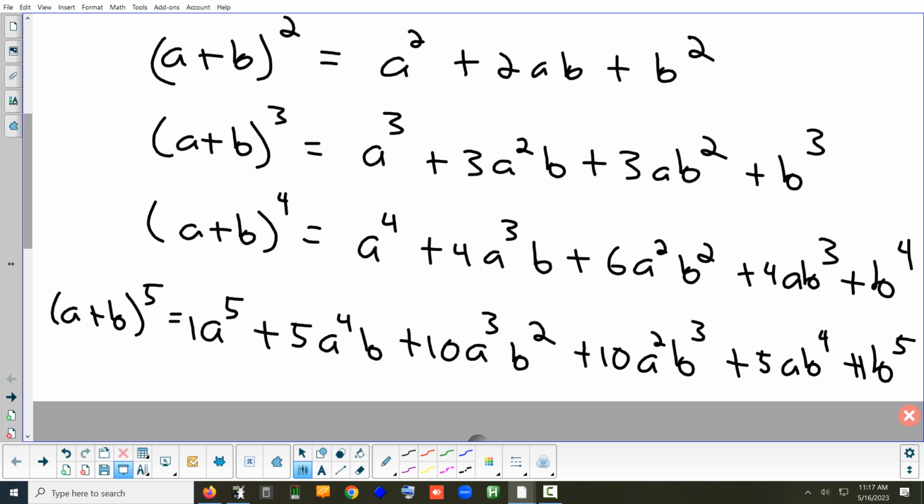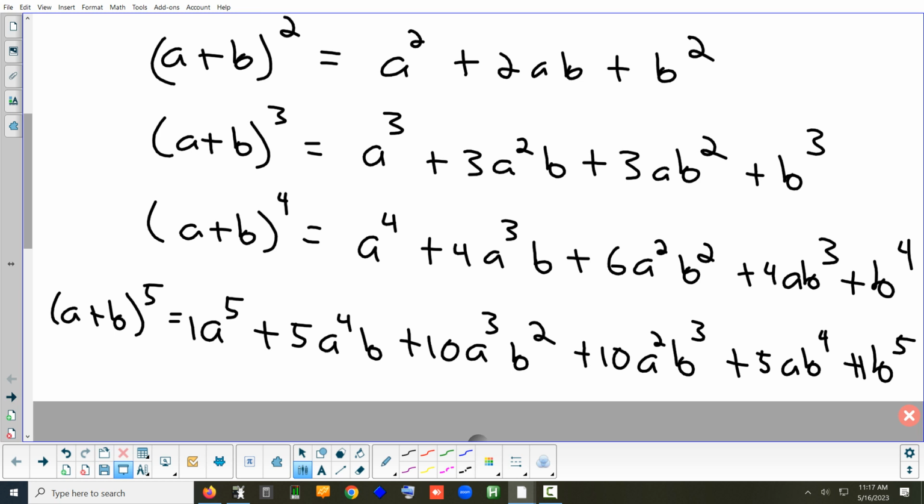So does anybody notice anything about the expansions and maybe some patterns that are in them? Yeah.